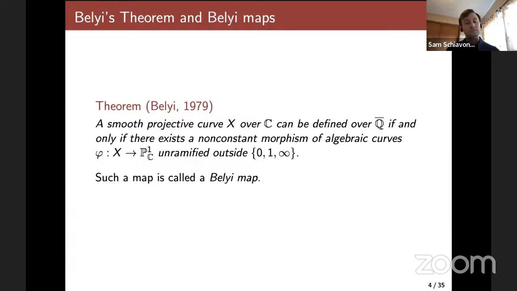Such a map is called a Belyi map. This is a very striking theorem because the first question is arithmetic in nature: you're asking if the curve can be defined using equations that just use algebraic numbers. And the criterion that Belyi gave is much more geometric in nature, right? You're asking for a morphism with certain ramification behavior.